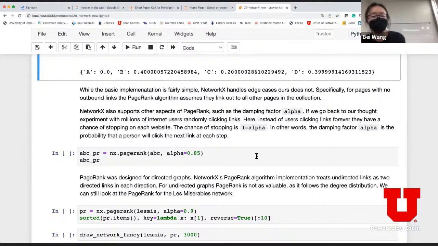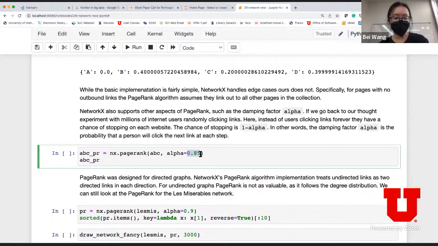And then there is something called a damping factor in the implementation, and this is kind of interesting. The idea is that people are randomly clicking the links, and at some point I'm going to stop my iteration, and that probability is 1 minus alpha.